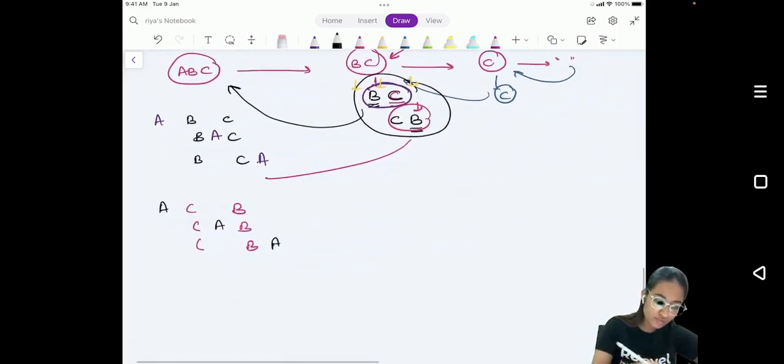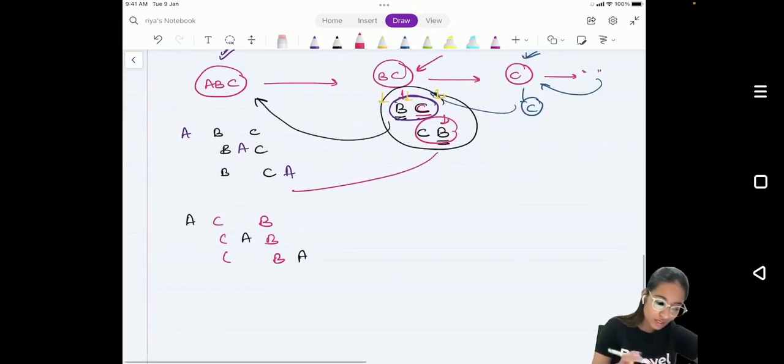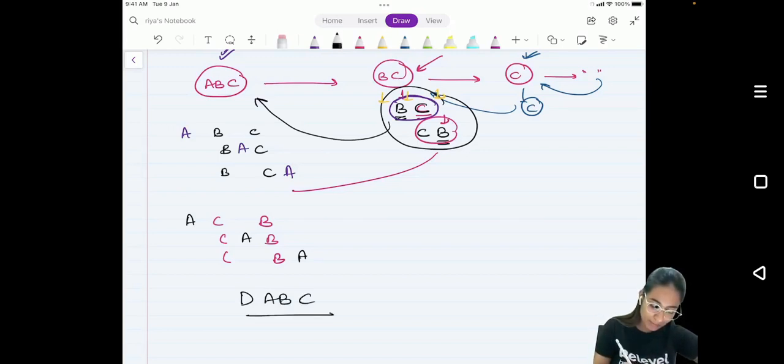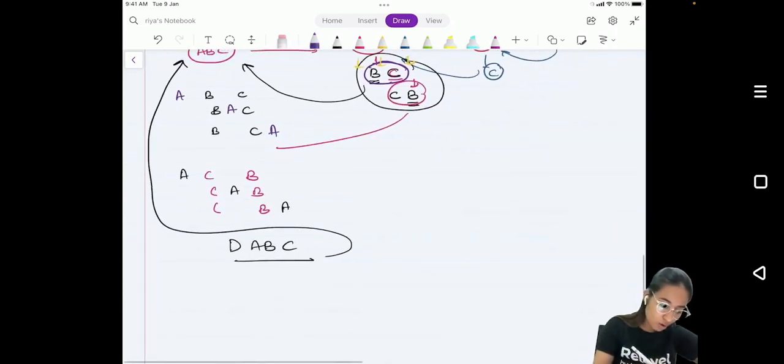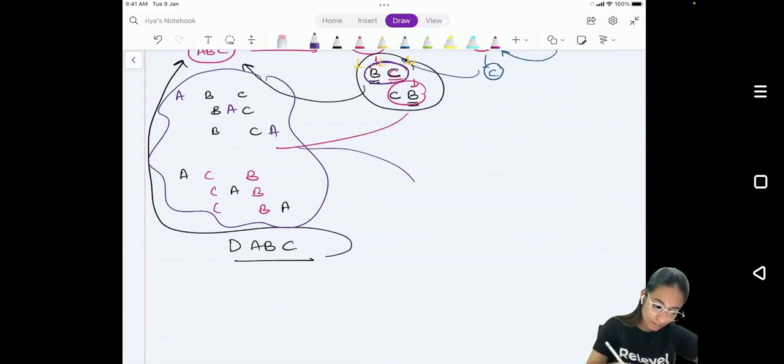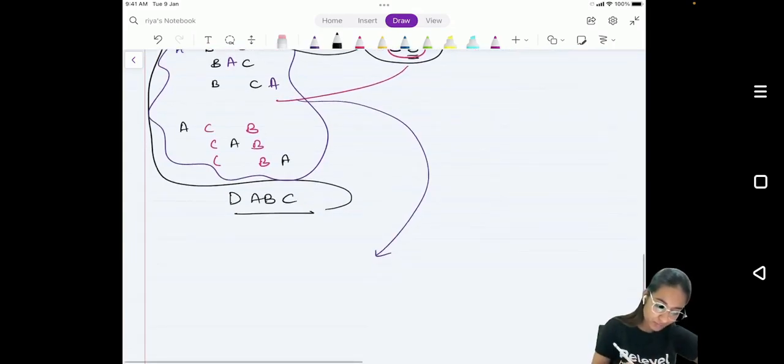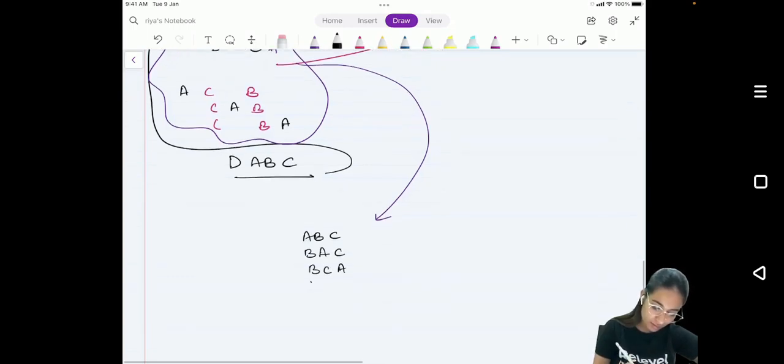Now think of it this way. Let's say using this, you had to form the permutations, and it was one level above. You basically did this: for forming the permutations of DABC, you called this. Now this whole result will be provided over here, which will be ABC, BAC, BCA, ACB, CAB, and CBA.